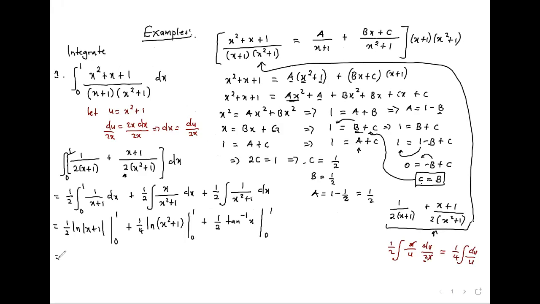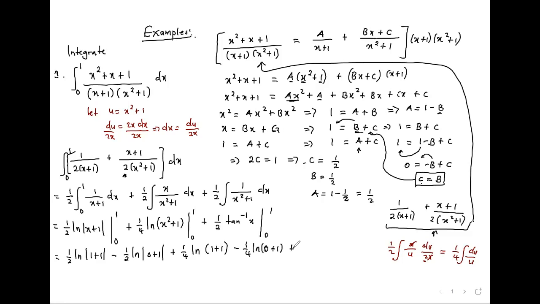So we now evaluate. You bring 1, you have 1 over 2 ln 1 plus 1. Minus, you take 0, you have 1 over 2 ln 0 plus 1. Plus 1 over 4 ln, you bring 1, you get 1 squared plus 1. Minus, you bring 0, you get ln 0 squared plus 1, which is 1.